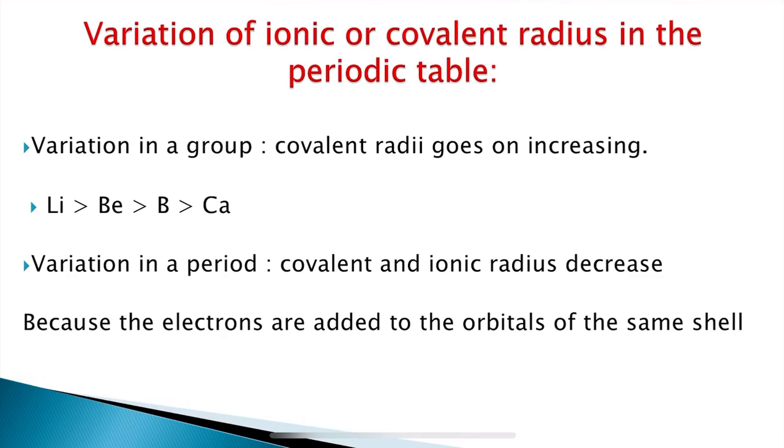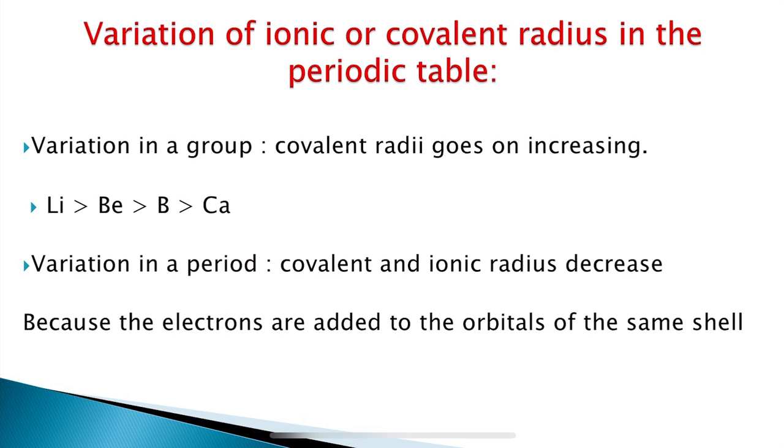Next is variation of ionic or covalent radius in the periodic table. Let us take first the variation in a group. The size of the atoms, that is covalent or ionic radius, increases on moving down the group because the number of principal shells increases and the distance between the nucleus and outermost electron shell increases.